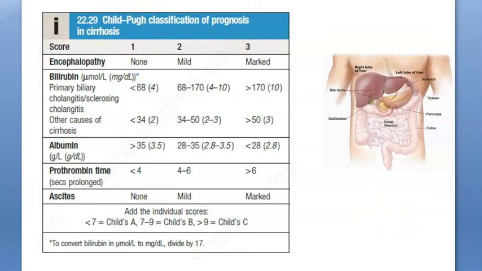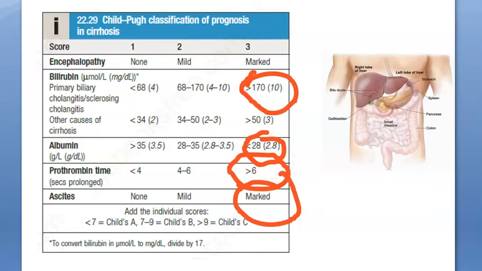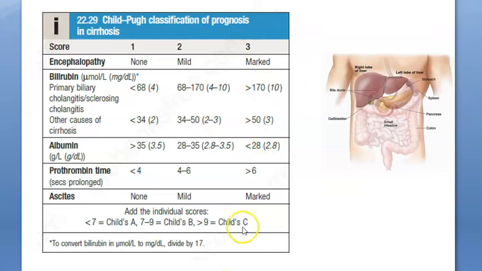If albumin is very low, and if bilirubin is high, and if prothrombin time is taking more time, and if there is ascites, then it is a bad prognosis. If the score is greater than 9, it is called Child's C, ma'am. C prognosis, if it is greater than 9.